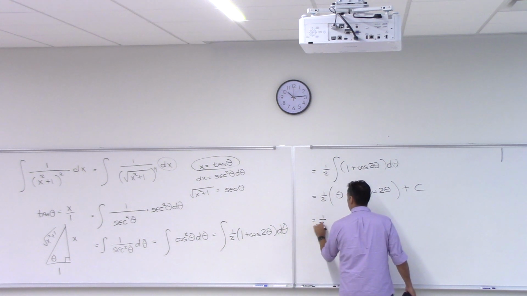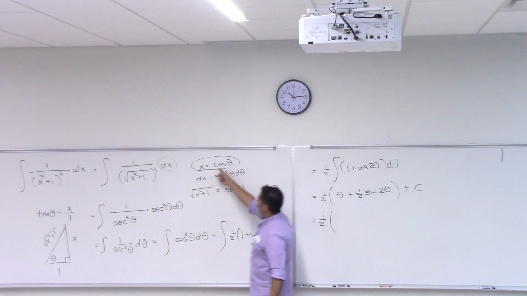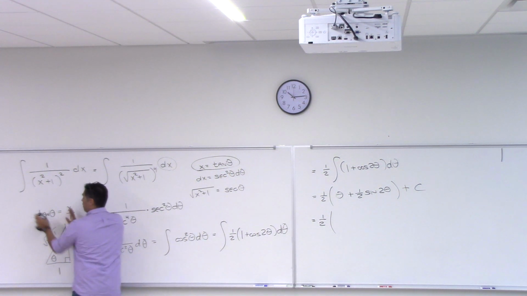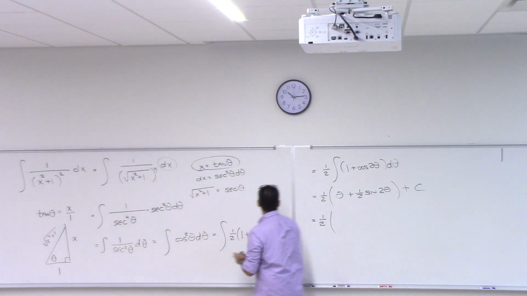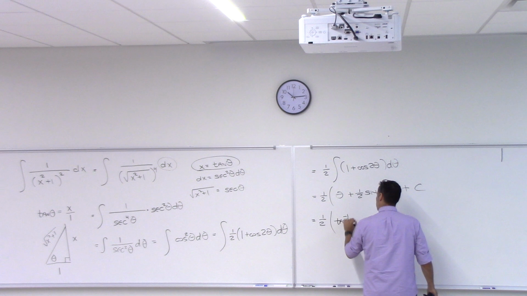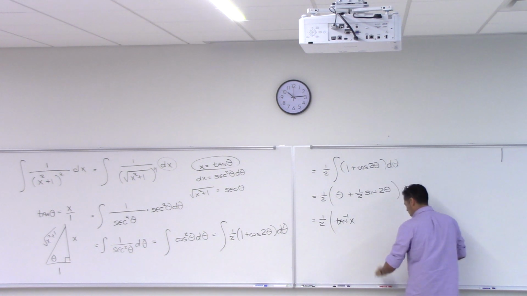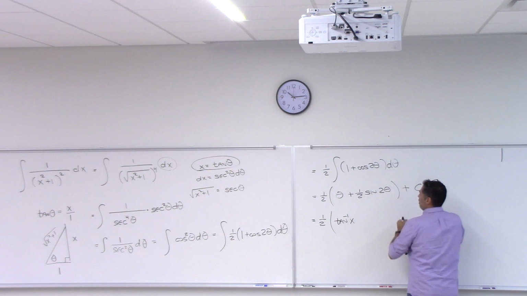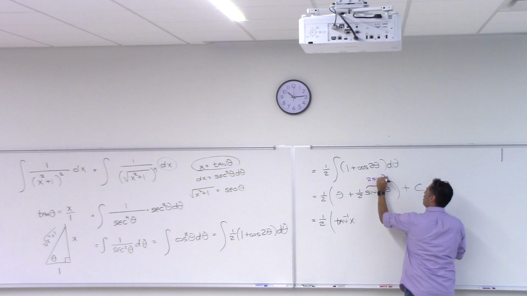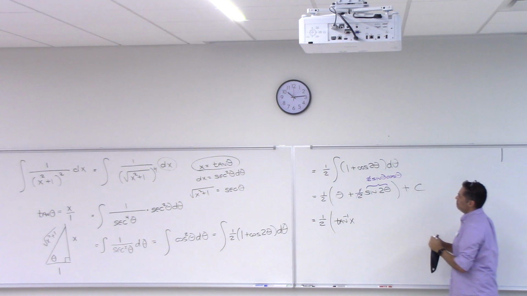So 1/2. Okay, what's theta? Theta, you have to go back either here or here. Take what on both sides? Arctan, right? You take arctan on both sides to get theta. So theta is just arctan x. And then, oh wait, I never finished this. Hold on, let me clean this up. This right here became 2 sine theta cosine theta, that's a double angle, and this 2 and the 1/2 go away.